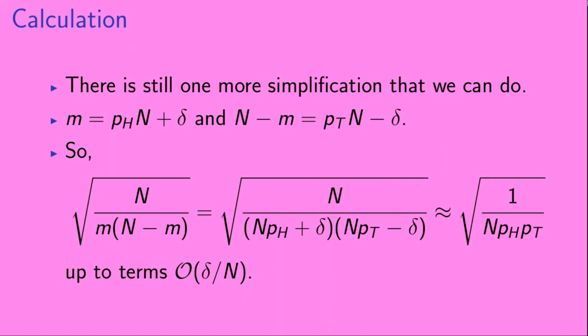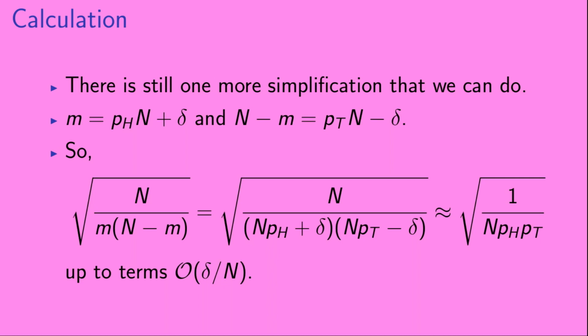Okay, so there is still one more simplification that we can do. Remember that m equals pH times n plus delta, and n minus m equals pT times n minus delta. So this square root that we have in our expression, the square root of n over m (n−m), can be written as the square root of n over (n pH plus delta) times (n pT minus delta).